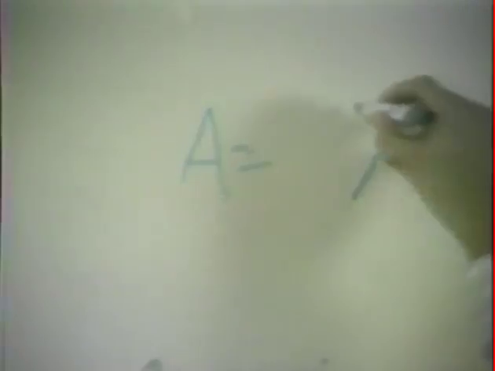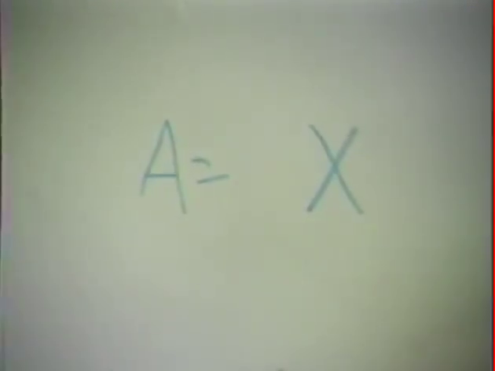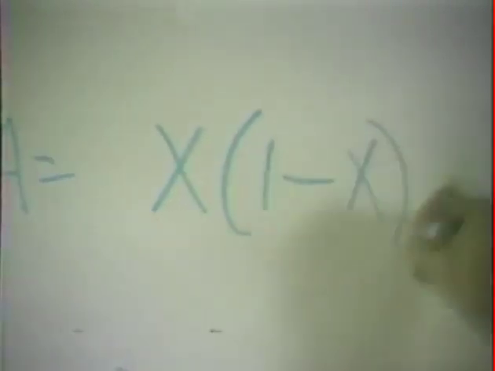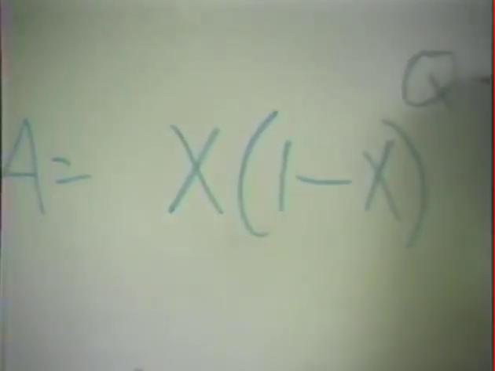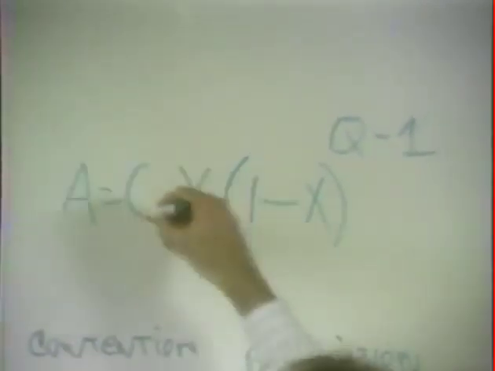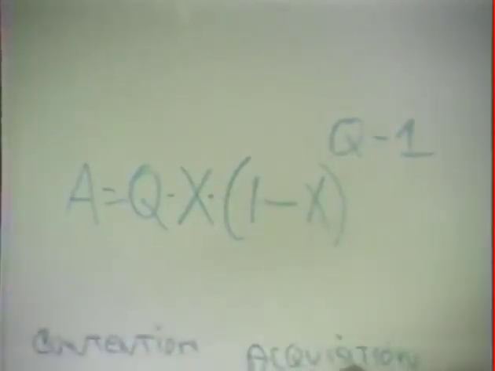That's the probability that one station chooses to transmit and that the remaining Q minus 1 stations decide not to transmit. And since there are Q stations, there are Q ways in which that can happen.